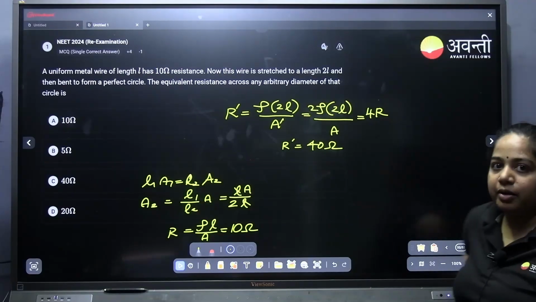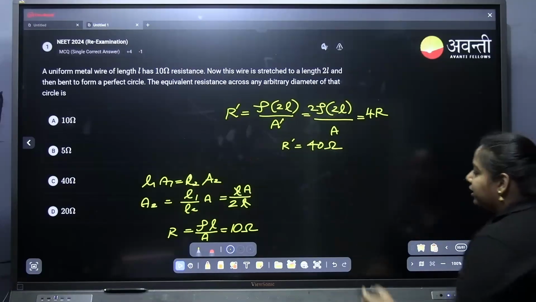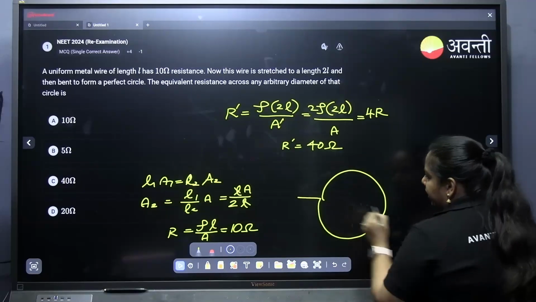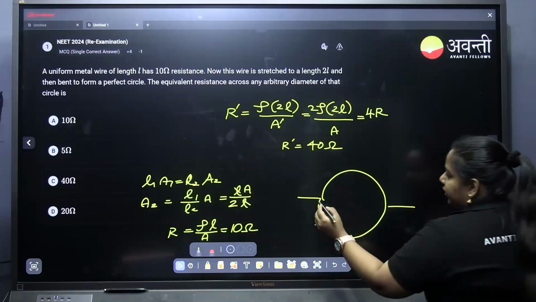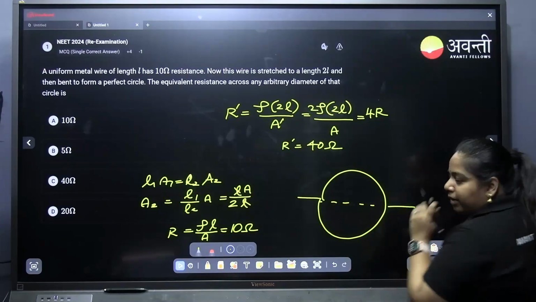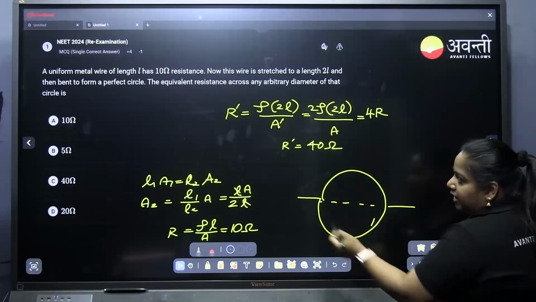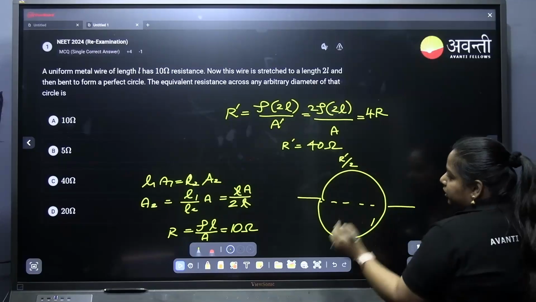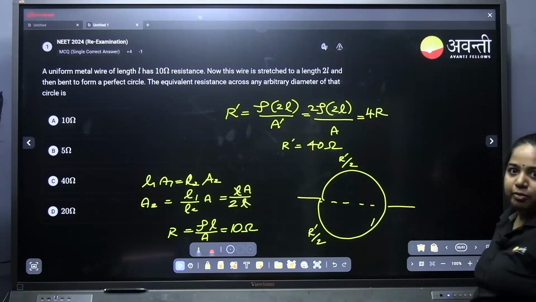That is the resistance of the new wire after stretching. Now they have made it into a circle and are asking across any diameter. Connecting like this, one side has half the length and the other side has half the length, so each will have R dash by 2 resistance, and they are connected in parallel.